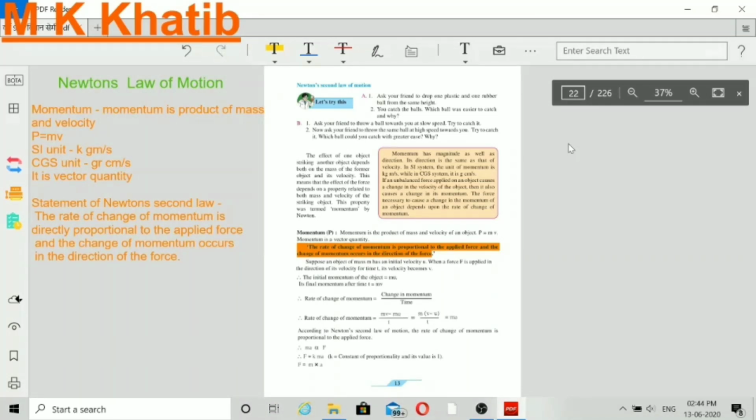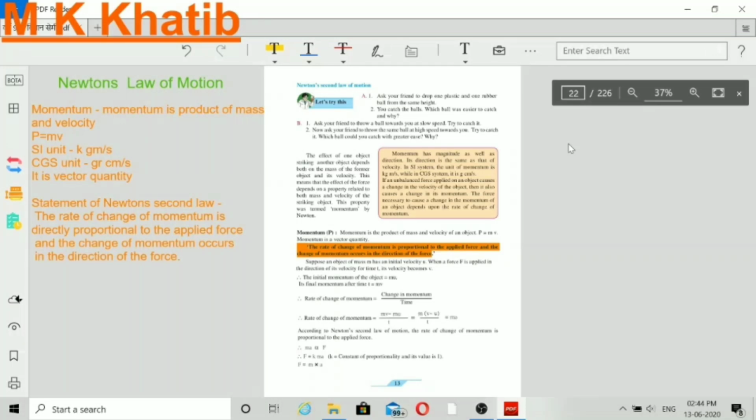The striking effect of the object depends upon two factors: one, the mass of the object, and two, the velocity of the object. This phenomenon of the object is denoted as the momentum of the object. Momentum is denoted with a capital letter P. Its definition is: momentum is the product of mass and velocity of an object.